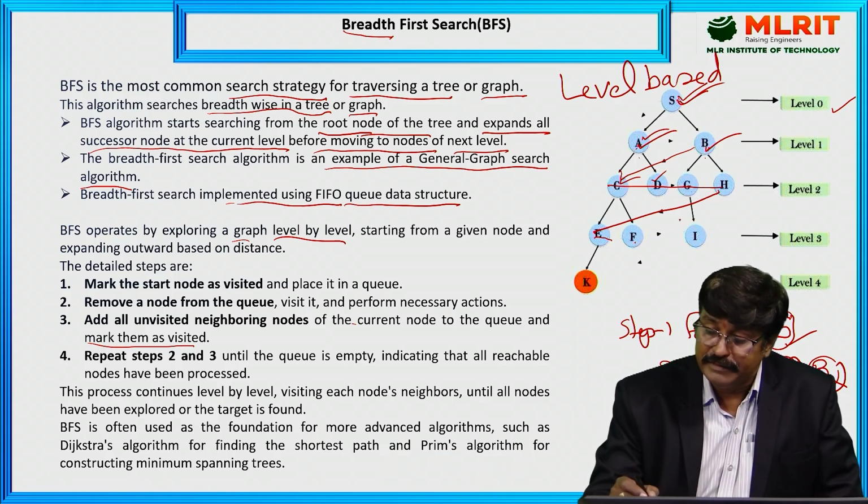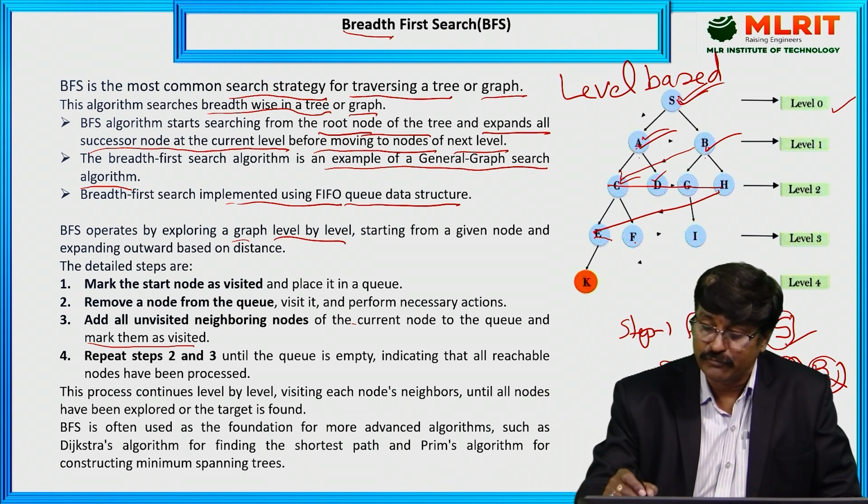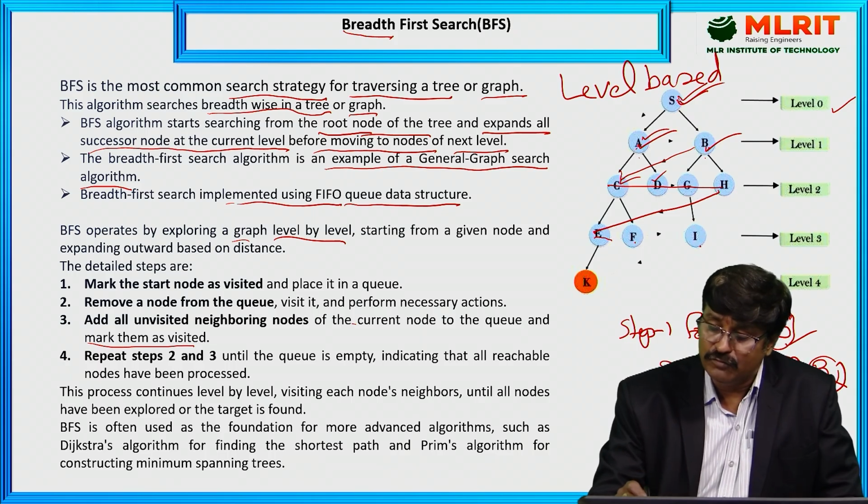D doesn't have any nodes, so you remove D and add its information. It is not a goal node, so you go back. Then K is the goal node, so you have reached the goal.